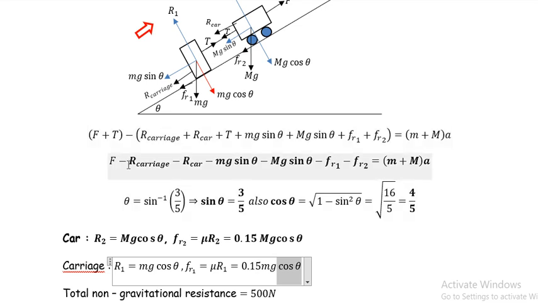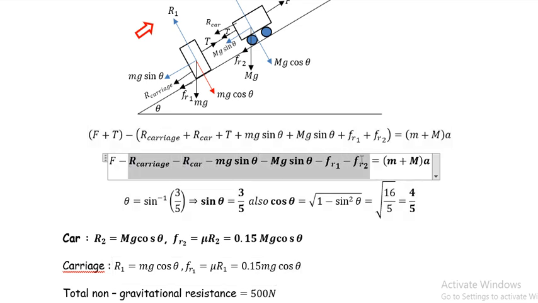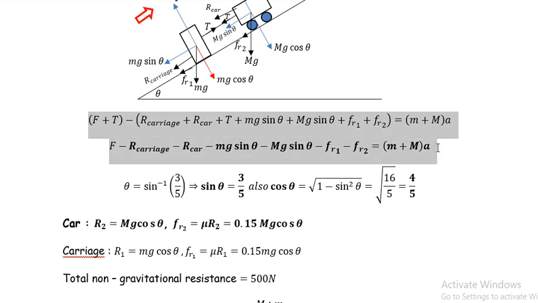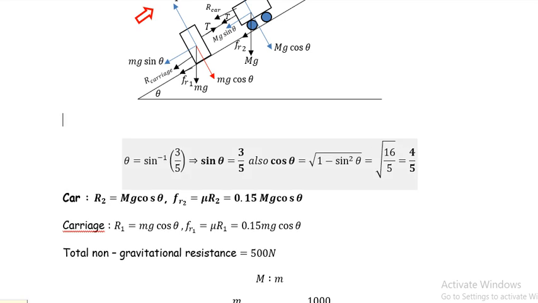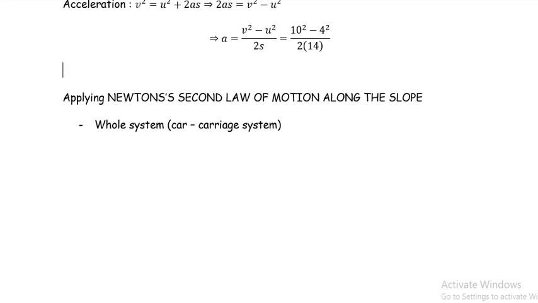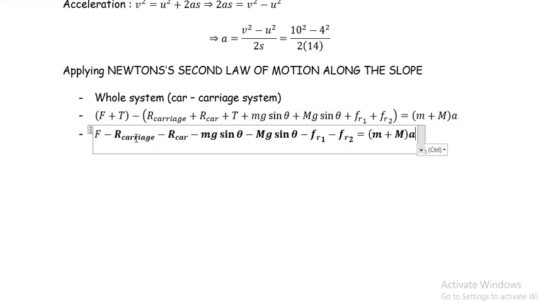So at the end of the day, we have everything here. And if we have everything here, what is going to be the attractive force, which is F? Our F will just be equal to this plus all of this. So we just add these on both sides, and we are going to get our attractive force. Alright, so like we said, we're analyzing for the whole system. This is what we have.